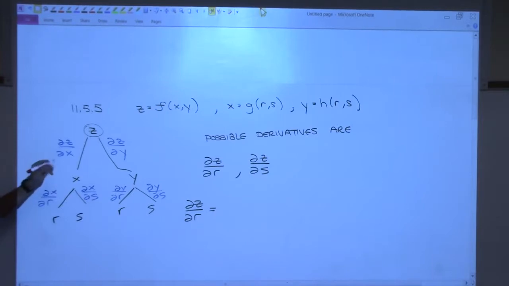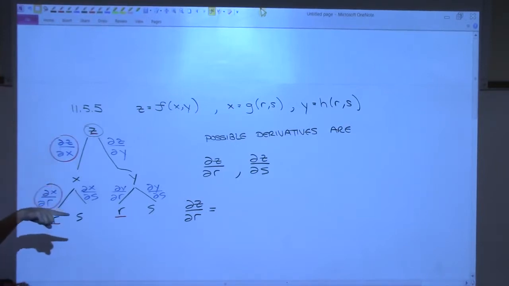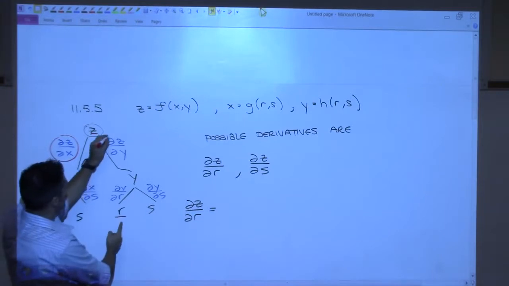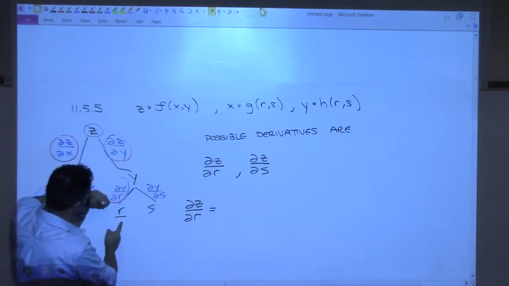This is what we're going to do. Since we're going from z's to r's, I need to come down all branches to get down to these r's. So I need to come down partial z with respect to x times, because I'm coming down a branch, partial x with respect to r. That'll get me down this way, right? Plus, then I come down to get to this one, down here.